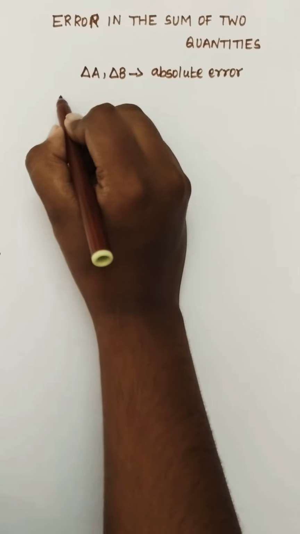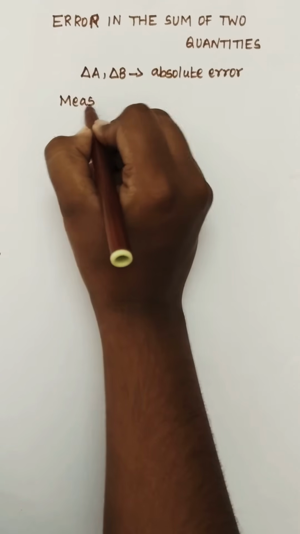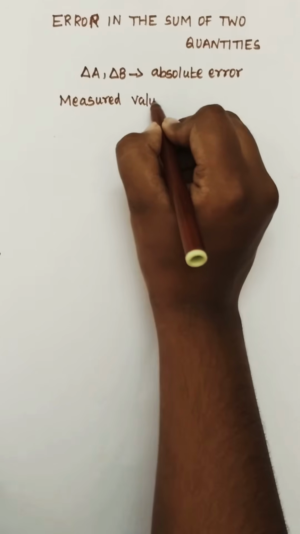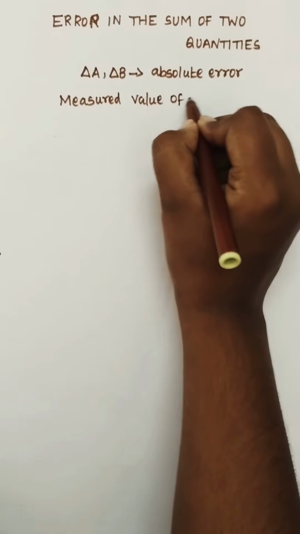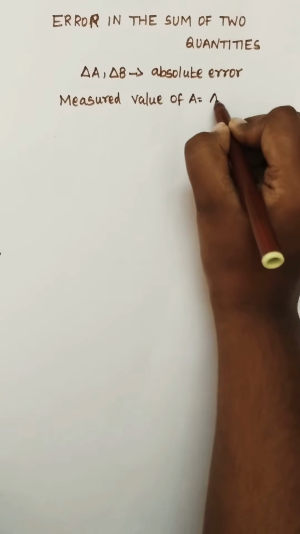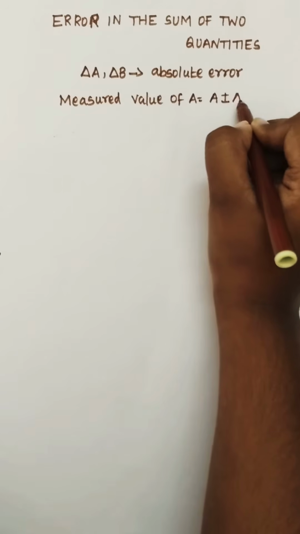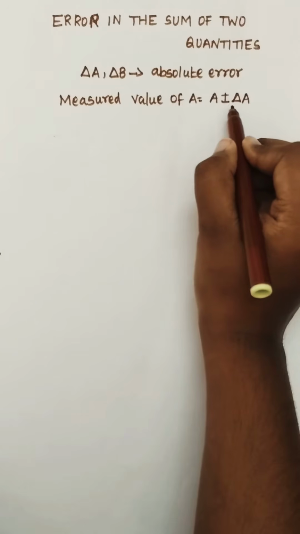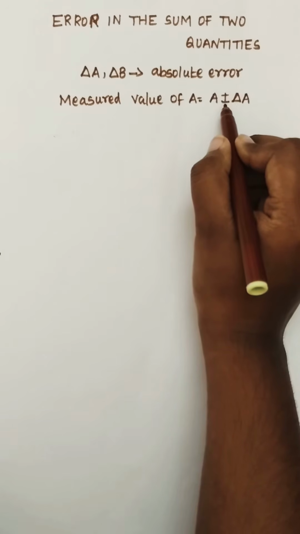So next step is I am going to calculate measured value of A. So measured value of A is equal to A plus or minus delta A. Why I am writing this A plus or minus delta A is error can be positive or negative.